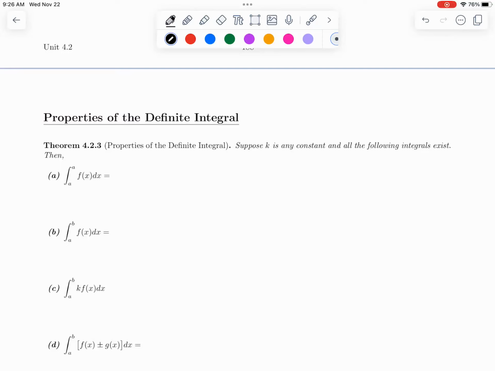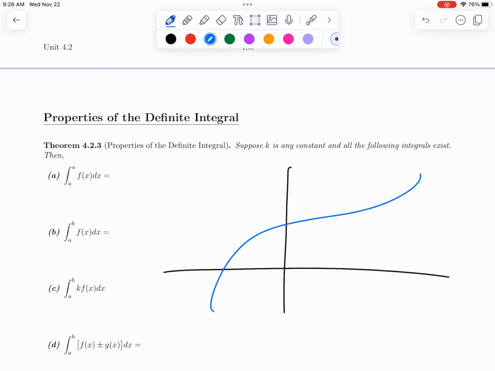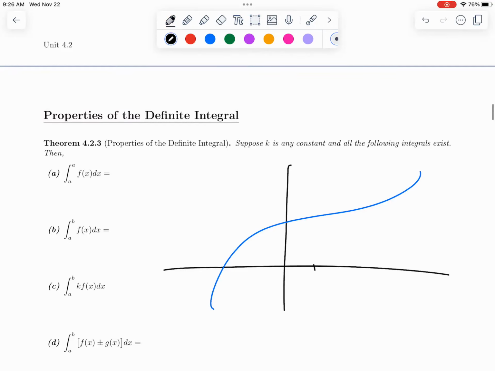Let's think about it. Let's just draw a generic curve for a second. You don't need to draw this, but I want to think about it. Here is a. And let's just say b is over here. If I wanted the integral from a to b, that would be the area under that region. But I'm doing the integral from a to a, which is just this line. What's the area of a line? 0.